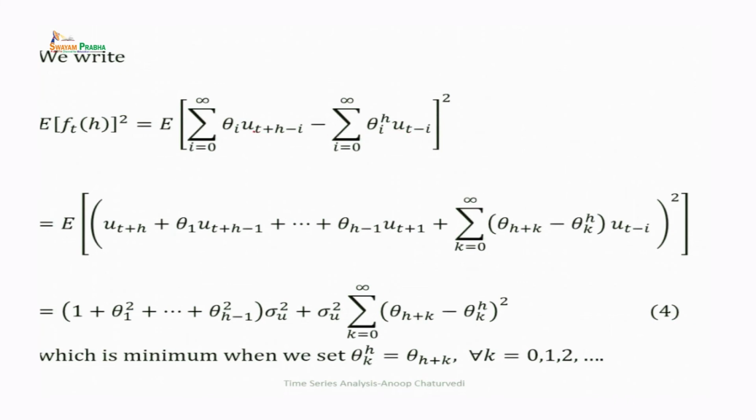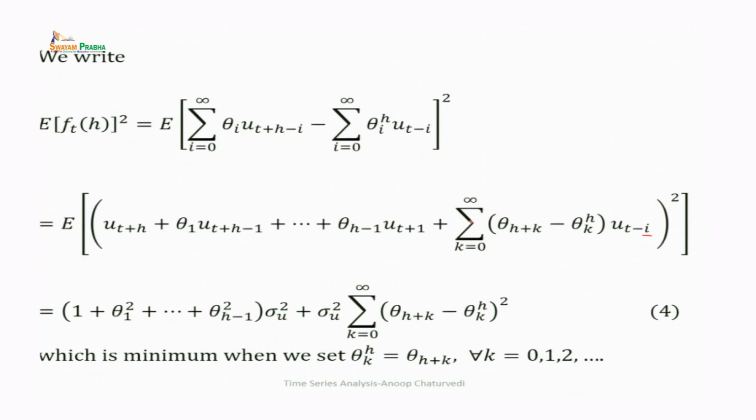So, we combine these two terms, both have u t common. For k equal to 0, you get theta h minus theta 0 h u t here.